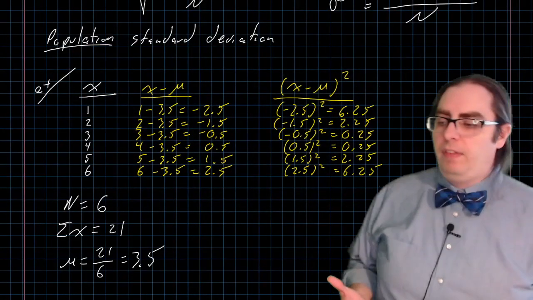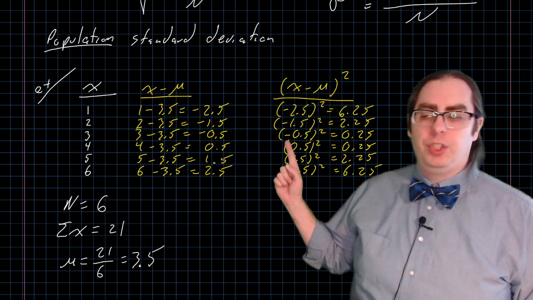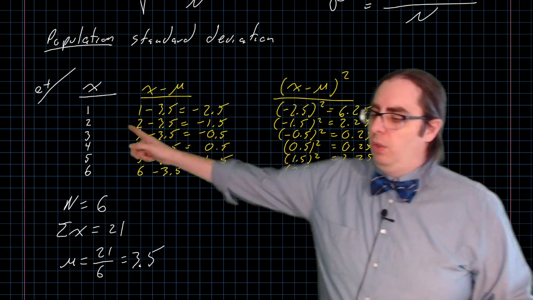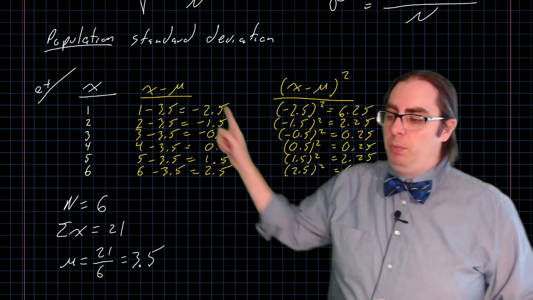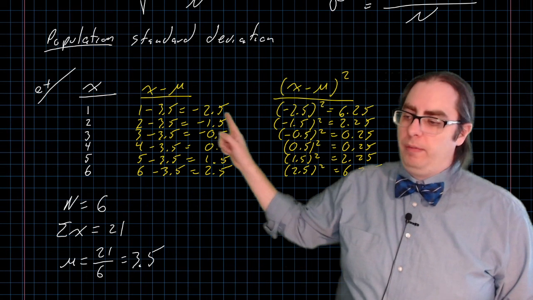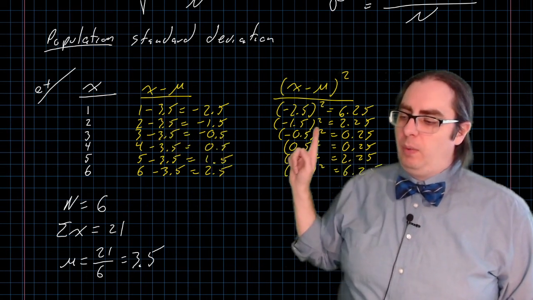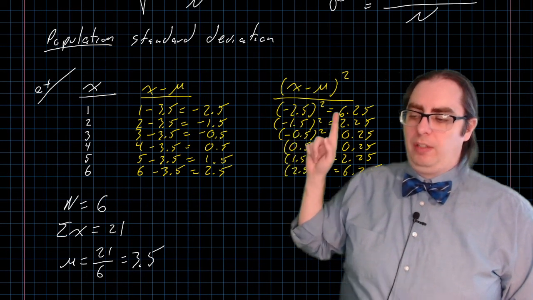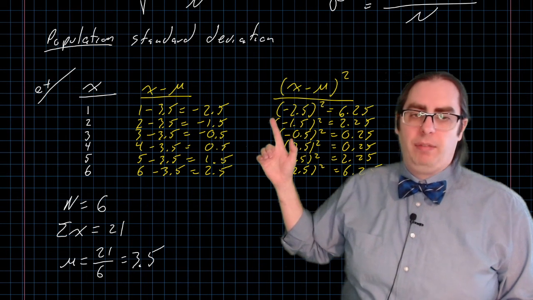Once you get the hang of this process, you'll start leaving the actual calculation off, right? We have our x values. We know we need x minus mu, and we can do 1 minus 3.5 equals negative 2.5 without actually writing down 1 minus 3.5. Likewise, we can do negative 2.5 squared and get 6.25 without literally writing down negative 2.5 squared.